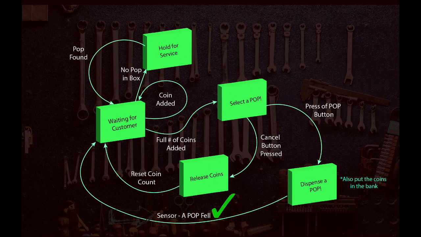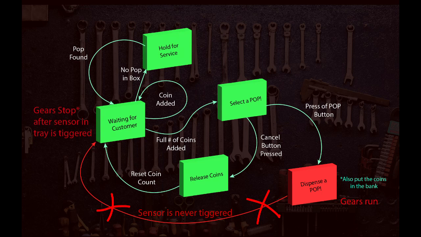A sensor indicating that something has exited the tray. You may have seen a vending machine where the chocolate bar is stuck and the little swizzle gear keeps turning until something finally drops. That's because the state machine for that chocolate vending machine is stuck in the dispense state.